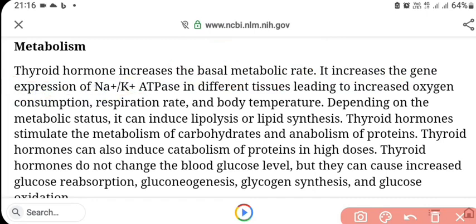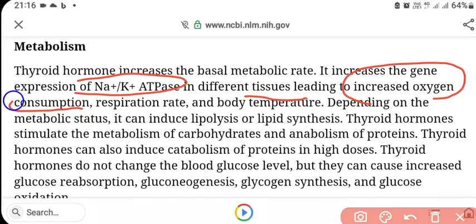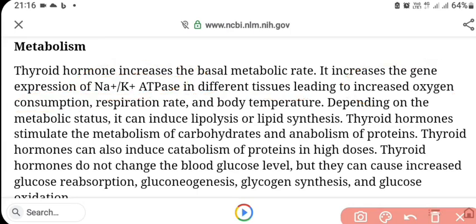With more gene expression, more ATPase will be produced in different tissues, leading to increased consumption of oxygen. Respiration rate and body temperature are also increased.